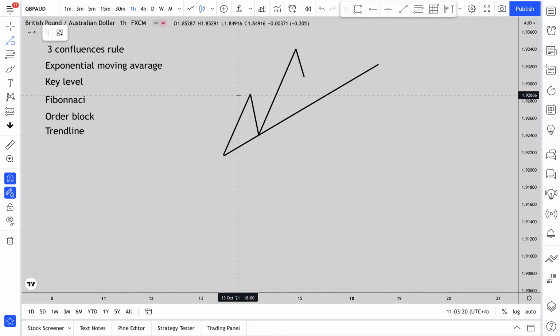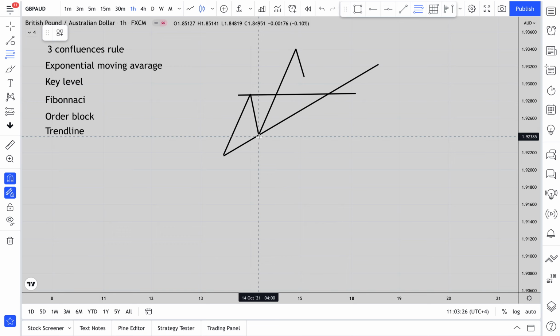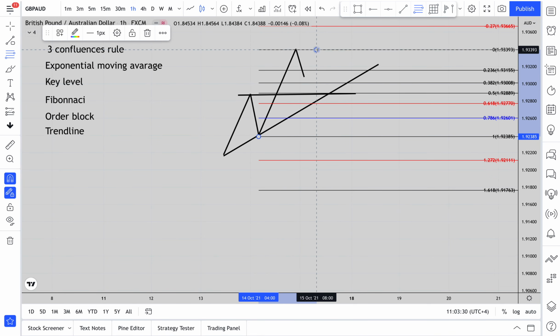I see a key level here, and then I have my fib tool. I put my fib up, and let's say I have the 0.5 area. So now, as you see, I have a trend line, a key level, and a fib.